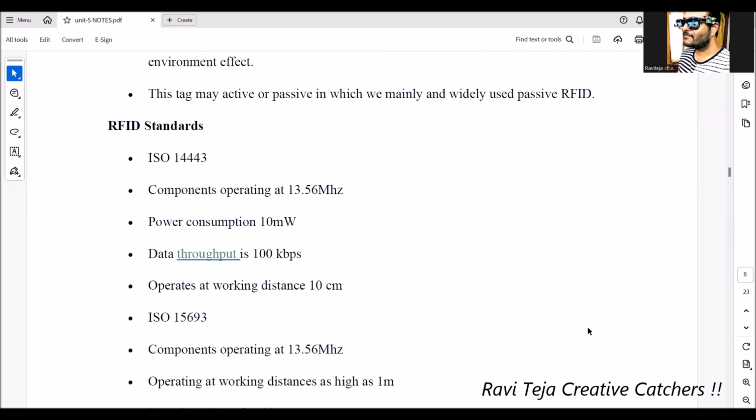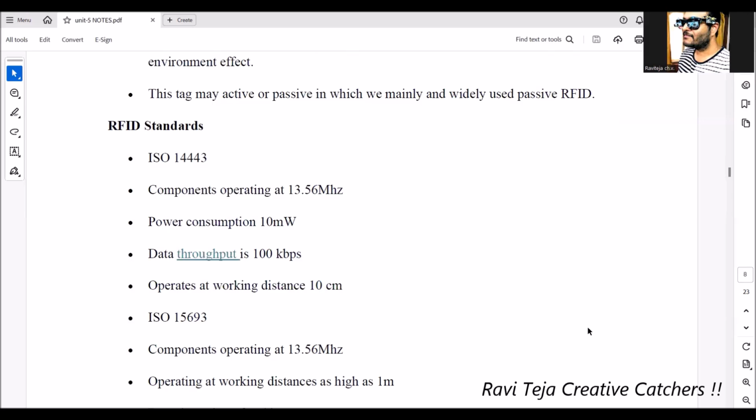Okay. Coming to the RFID standards, they follow ISO 13443, and we have already seen several operating frequencies. The component's operating frequency will be like 13.56 megahertz. The power consumption will be 10 milliwatts, and data will be transmitted at 100 kbps. Okay.